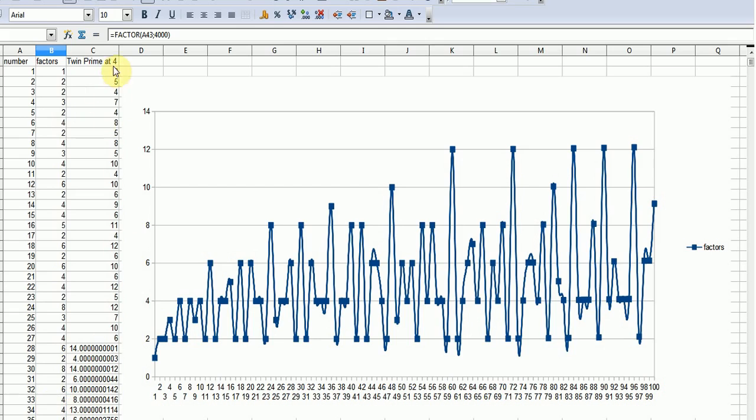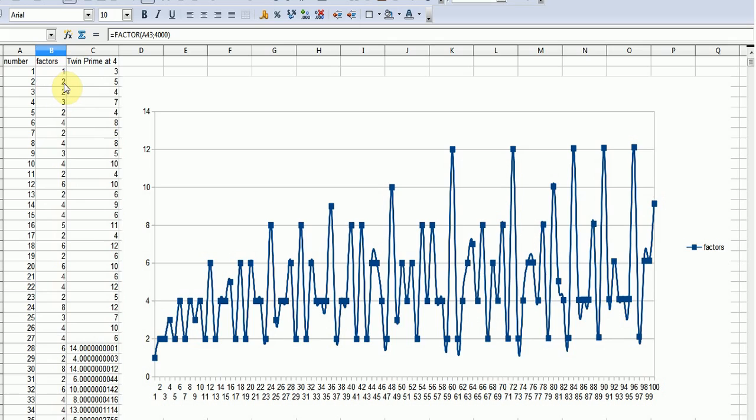This column I'm reserving to show you another equation, the two prime equation, another equation I came up with, which is a very simple equation. The number of factors equation tells you the number of factors, and at the point where it's equal to 2, those are the prime numbers.